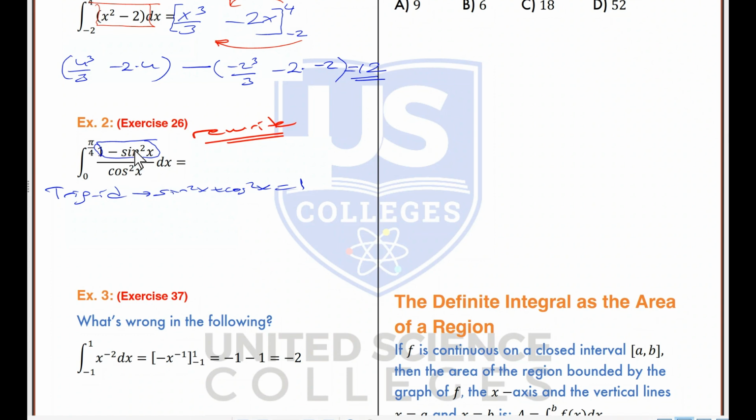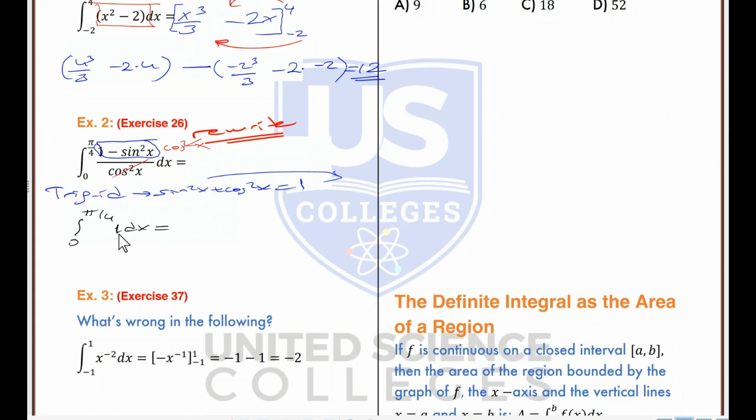Since I need 1 minus sine squared, if I bring sine squared to the other side, I'll get cosine squared alone. So, in place of 1 minus sine squared, I can write cosine squared, so that the cosine squareds cancel each other. We will be left with 1 only. So it will be the integral from 0 to pi over 4 of 1 dx.